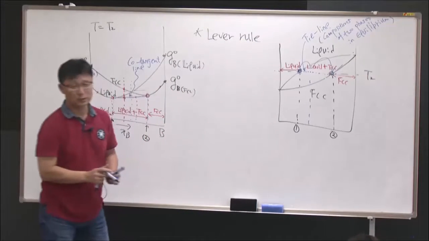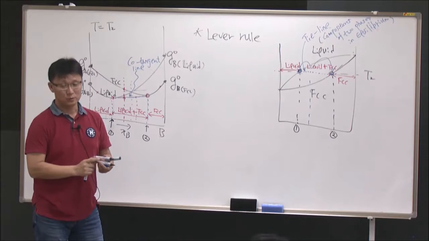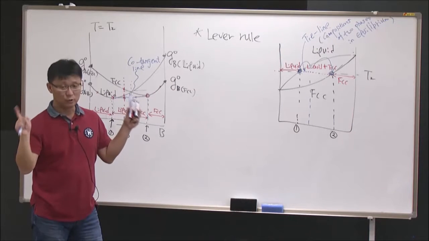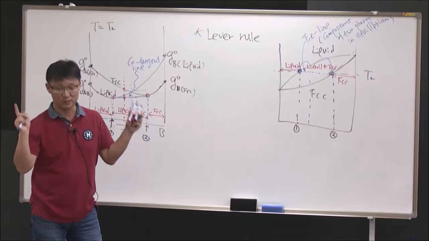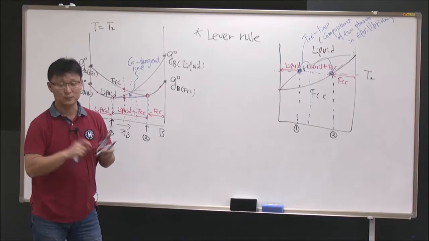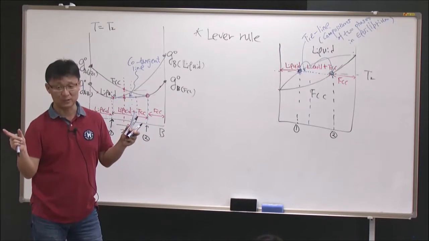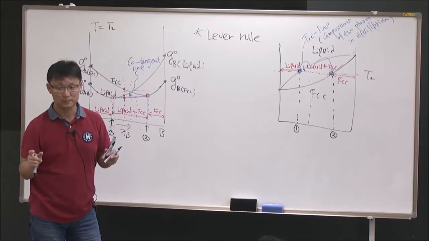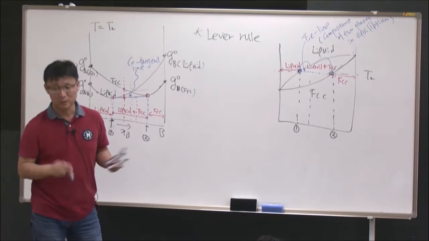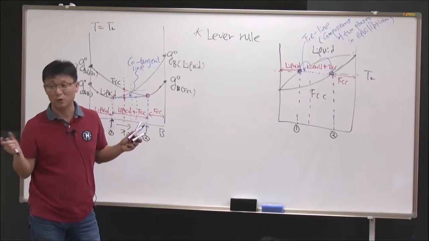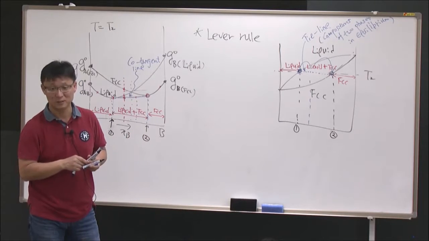The lever rule tells you, when you have two phases in equilibrium in a binary system, what is the fraction of each phase at the equilibrium state. The lever rule is very simple. It's like a seesaw. It's basically a seesaw rule.